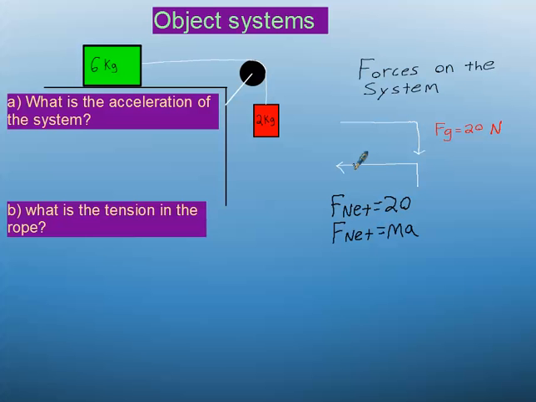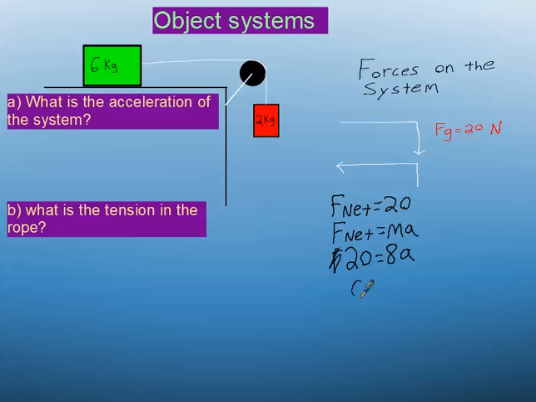So we can determine that the net force on the system is 20 newtons. Once we know the net force, the next step is always running Newton's second law, F net equals ma. But in this case, what mass do we use? Those 20 newtons of force aren't just pulling the red one anymore. It has to drag the green block along with it. So the way we plug it in is, for the net force, 20 is equal to 8 times a, because you have 8 total kilograms being moved by those 20 newtons of force.